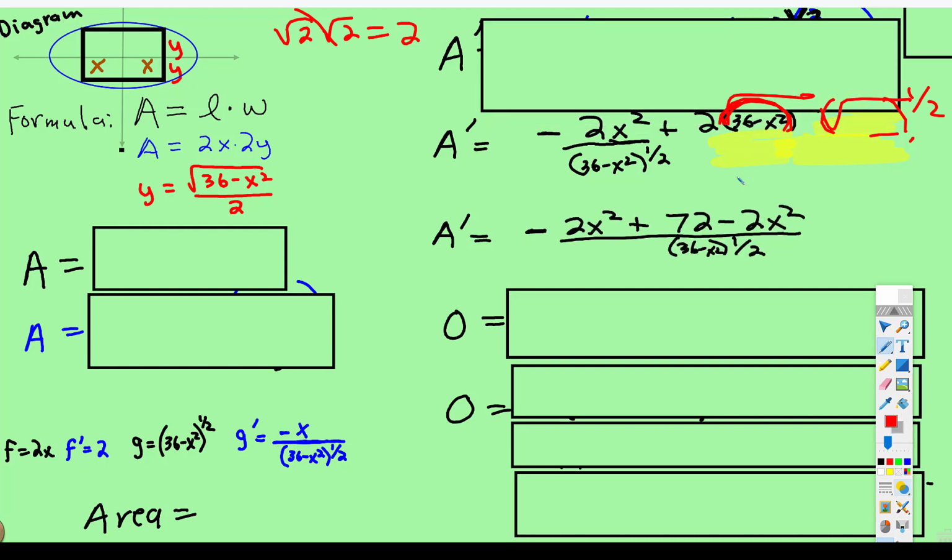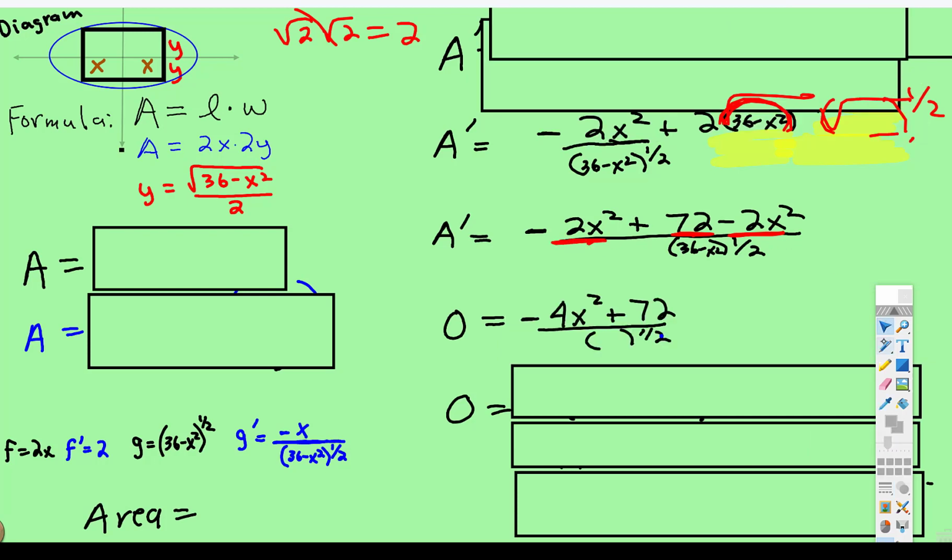So 2 times 36 is 72. 2 times negative x squared is negative 2x squared. So now we can add the negative 2x squared and the negative 2x squared is negative 4x squared plus 72.